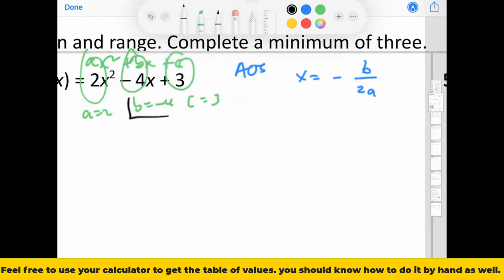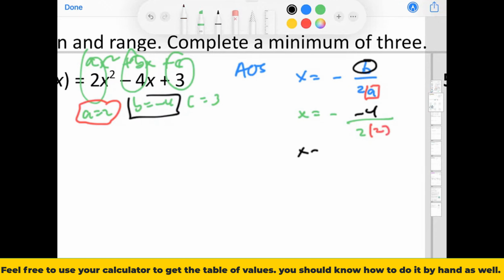So negative 4 goes here. And then a is 2. So we're going to get negative 4 over 4. Negative 4 divided by positive 4 is negative 1. Opposite of negative 1 is positive 1.